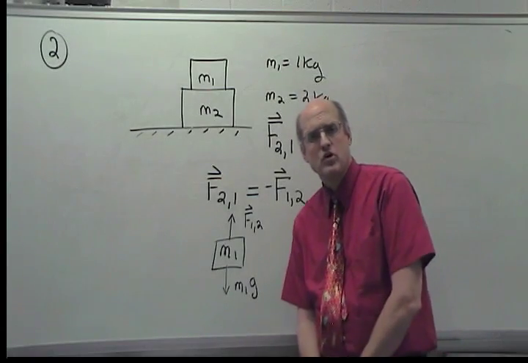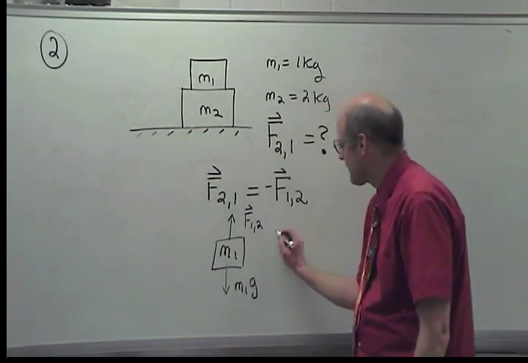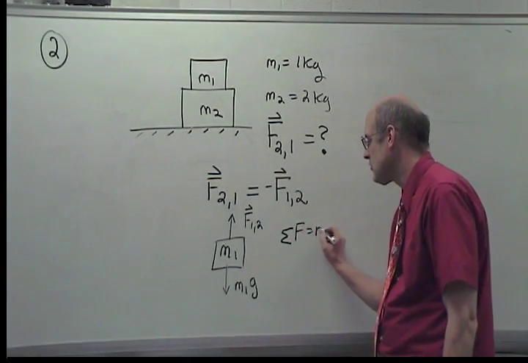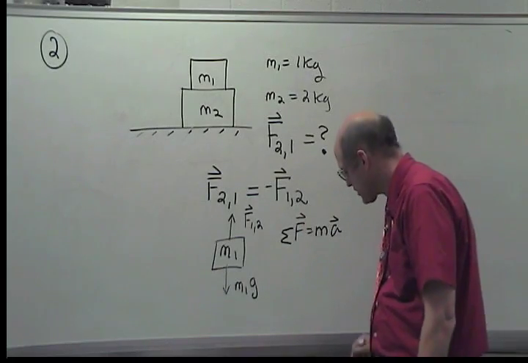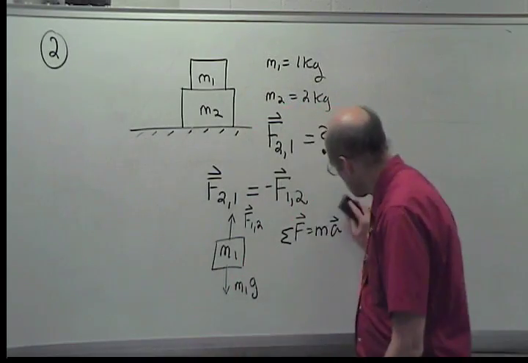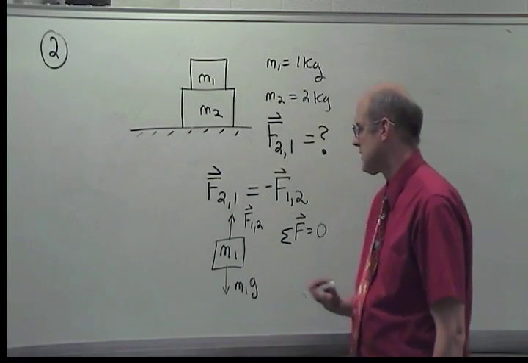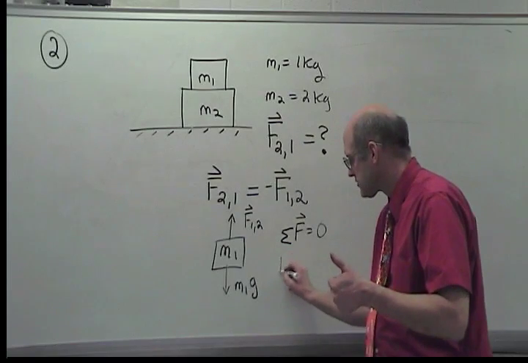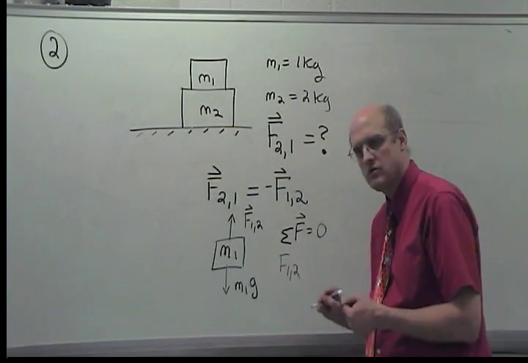Now what we're going to do is we're going to turn to Newton's second law. From Newton's second law, the net force is equal to ma, but since this is an equilibrium, the acceleration is 0. So I'll get rid of this, replace it with a 0. And here we have F12 up, so I'll just call it positive F12 magnitude.